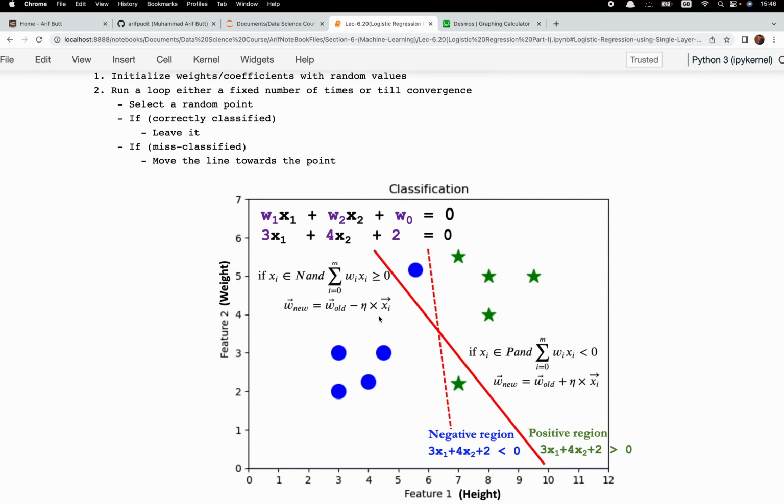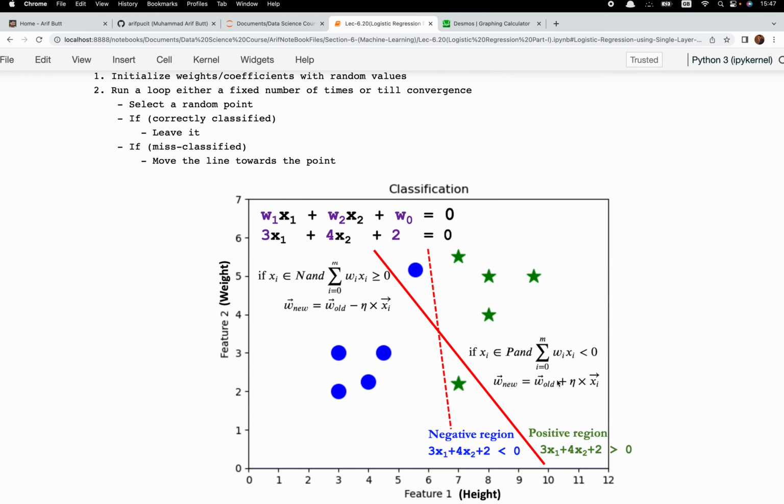Instead we take a small number called the learning rate, like 0.01 or 0.1 maybe, multiply it with the feature vector and then do the subtraction. Similarly now, consider this misclassified green star, this green point. As it is on the negative side of this solid red line, we have done the addition as shown over here in this equation.